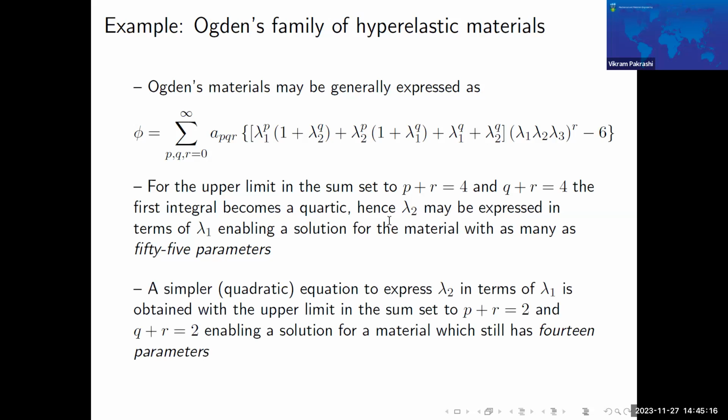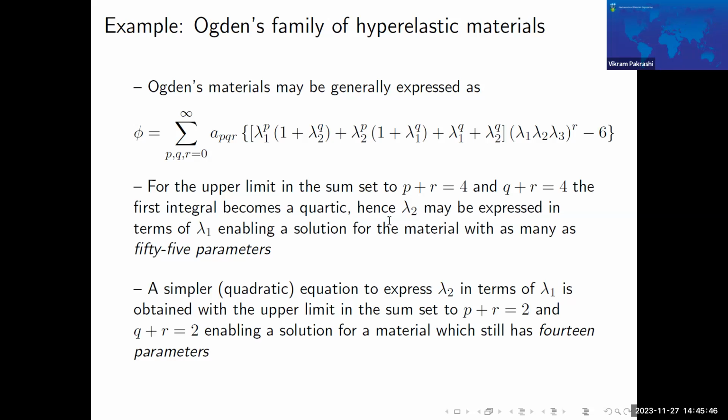The quadratic equation, lambda 2 in terms of lambda 1, is obtained with the upper limit in the above sum set to p plus r equals 2 and q plus r equals 2. Such a material will still leave us 14 parameters to characterize it. This one, much more. So in principle, we have an analytical solution to a very complex material.